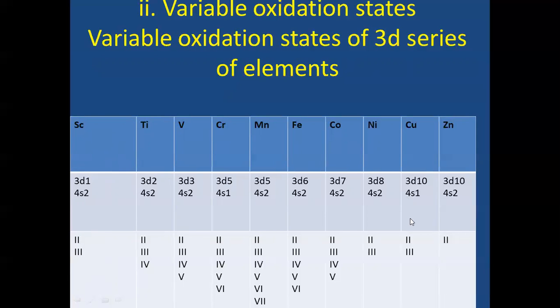So now let us try to understand variable oxidation state after understanding oxidation state. What is the meaning of variable? These elements exhibit different oxidation states in different compounds.